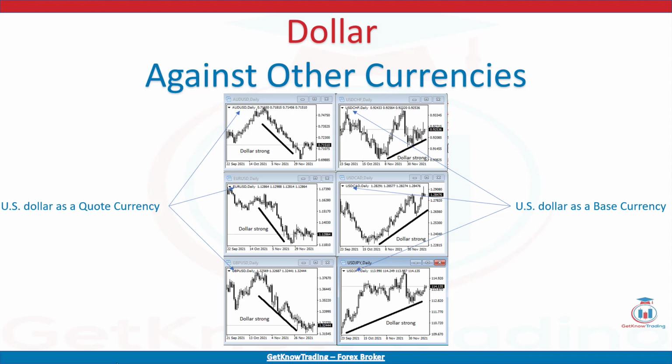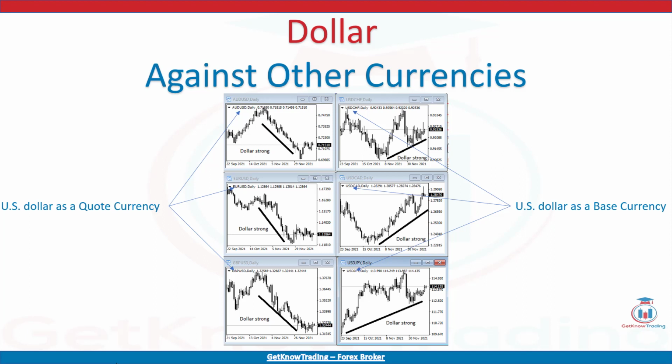The chart shows you on the left side US dollar as a quote currency, and the price of the currency pairs where the US dollar is a quote currency will fall down if the US dollar is strong. This is like this because, for example, Euro-USD pair will decline in value when the US dollar is strong. That means Euro will lose in its value and will become weaker. So the price of Euro against the dollar will decline.